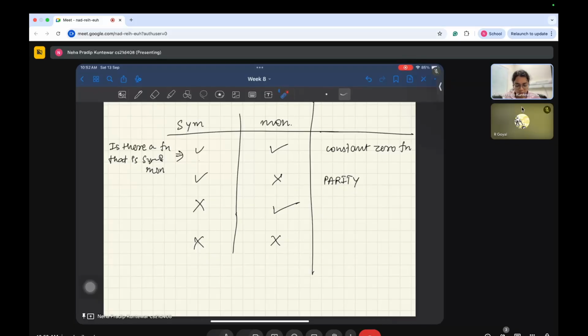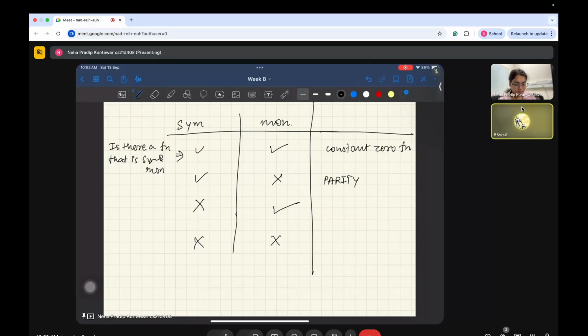And for the third one, a function which is not symmetric, so it depends on the values of the ones. Can this be monotonic? Monotonic would mean that the inequality holds true for all the values of i, so whenever I find this, there should not be any change, and the value of the function should not be less than that.